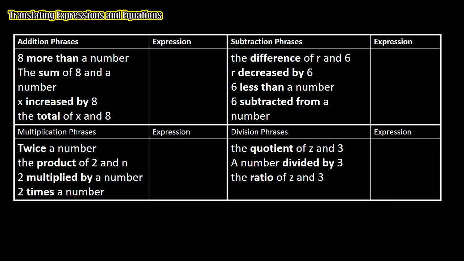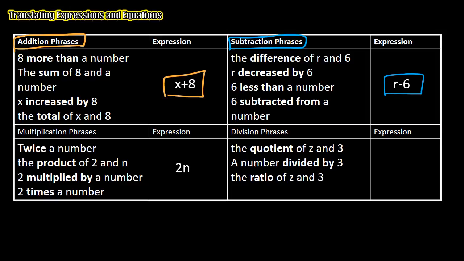Here we have a lot of different information. If we take a look at different addition phrases, you can see we have all kinds of addition phrases. These are all ways to write the same thing, x plus 8. You can pause and read through those on your own. Next are subtraction phrases. These four ways are all ways to write r minus 6.